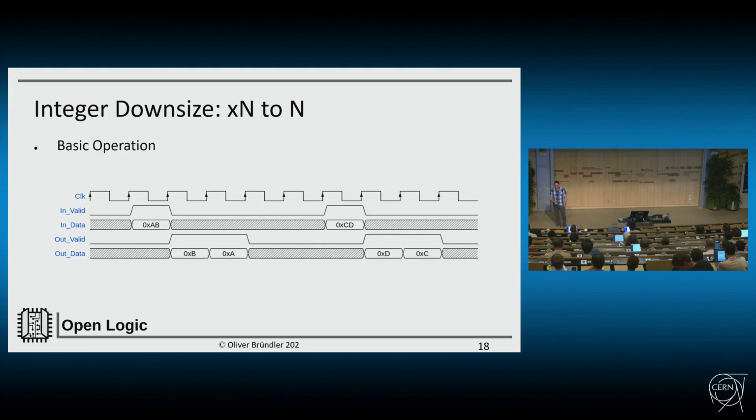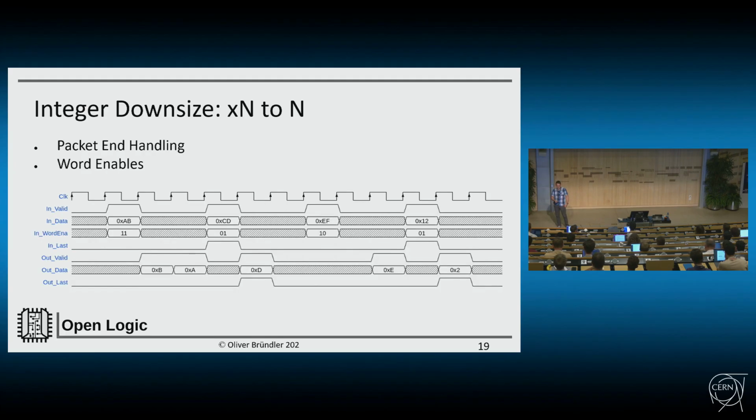Now about width converters. For the width converters, we have also 3 types: an integer downsize, integer upsize, and arbitrary width converter. The integer downsize takes something like, for example, 8 bits in and then makes 2 times 4 bits out of it. It also comes with proper word enables. It's not byte enables because sometimes you have widths like 7-bit or 4-bit or whatever.